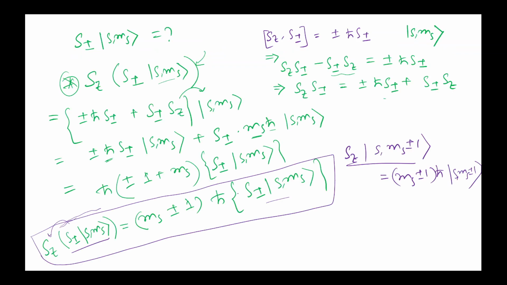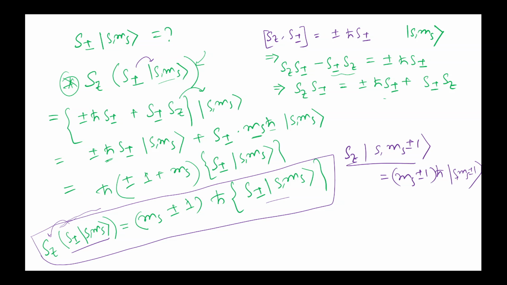So let me again explain this once for your clarity. We didn't know how S plus minus works on this |S, ms>, because they are not the eigenfunction of S plus minus. But instead we tried to find out how Sz S plus minus |S, ms> will come out to be.